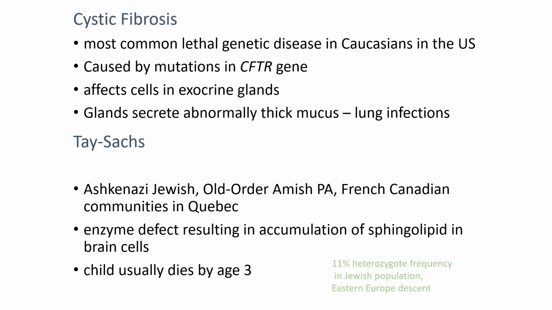And as you can see, 11% is the heterozygote frequency in Jewish populations of Eastern European descent. It's more common there. So if you get 2 heterozygotes together, you've got a 1/4 chance of the offspring having Tay-Sachs disease.